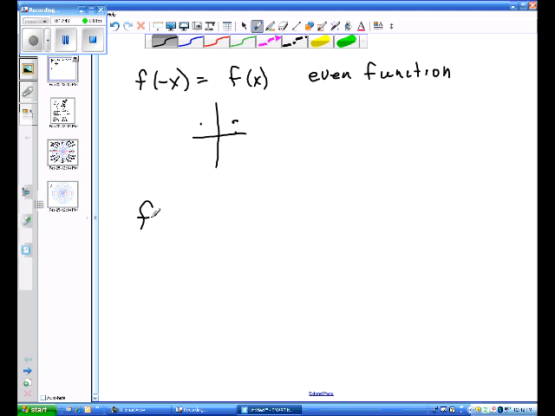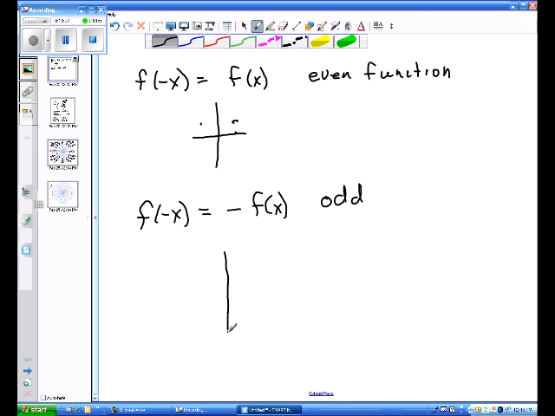Now, if for f of negative x, you get the opposite of f of x, then this is considered to be an odd function. So that's saying when you substitute in a negative x, you get the opposite, you get a negative y.